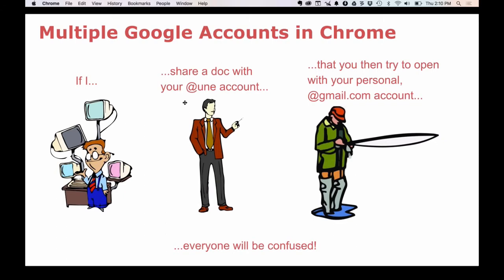But through no fault of the instructor, because we're constantly logged into Google and it's really hard not to be, the instructor opens the document with his or her personal Gmail account, because in their browser they might be constantly logged into that account.